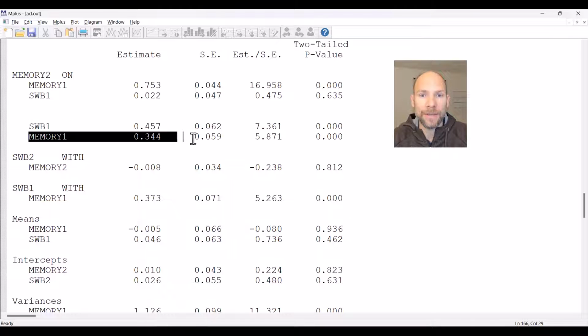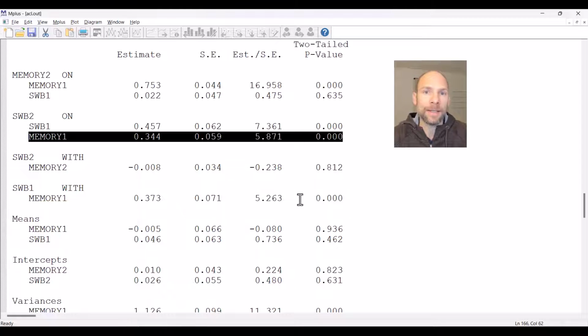So this path here is also statistically significant. So there is, in this case, a significant cross-lagged effect from memory performance onto subjective well-being at time 2. And so that would be the effect that we would be particularly interested in. Is there a cross-lagged effect that is significant?